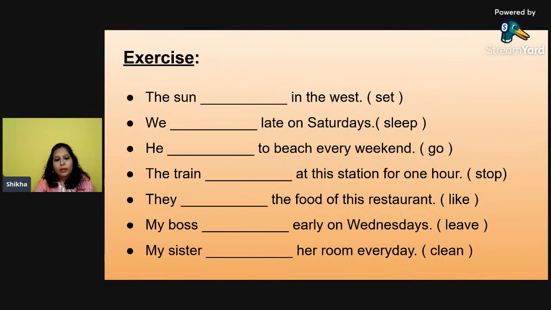They dash the food of this restaurant, and our option is like. Though it is a third person plural pronoun, we have to use like, not likes. Okay, so they like the food of this restaurant.